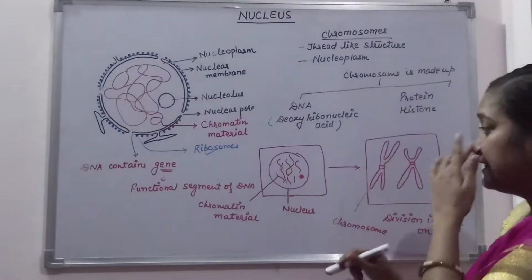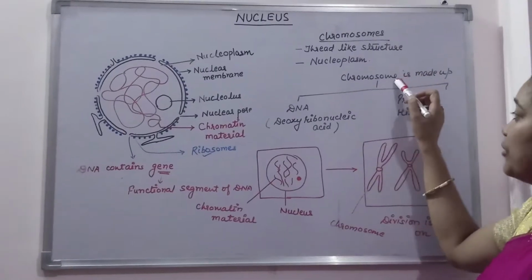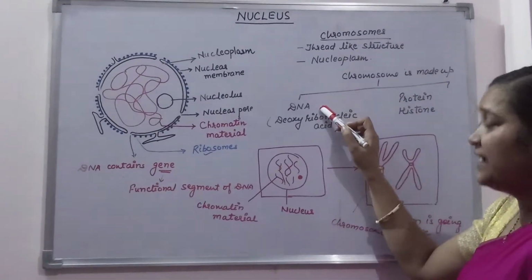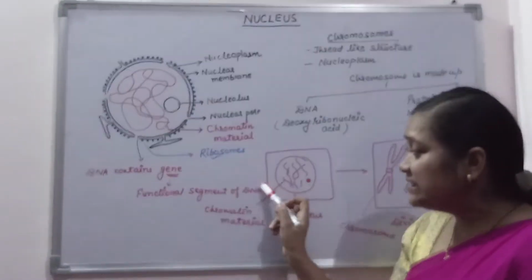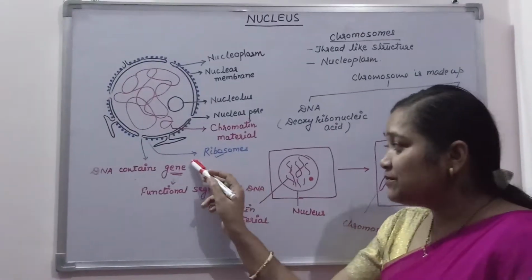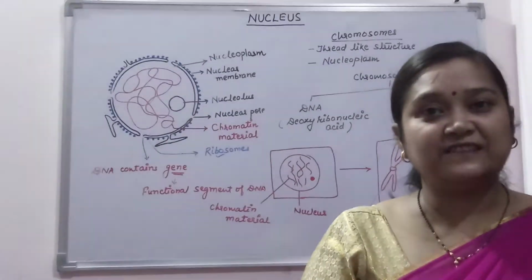Okay, with the help of what? With the help of this chromosome, because chromosome contains DNA and DNA contains gene. So this gene is known as the unit of inheritance.